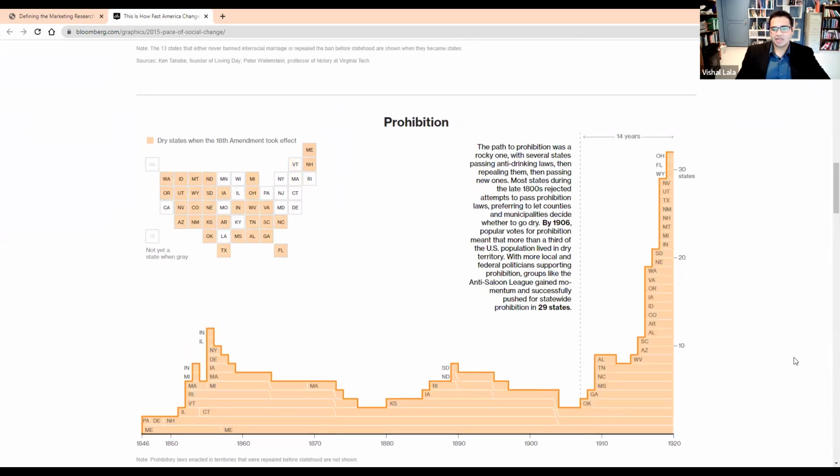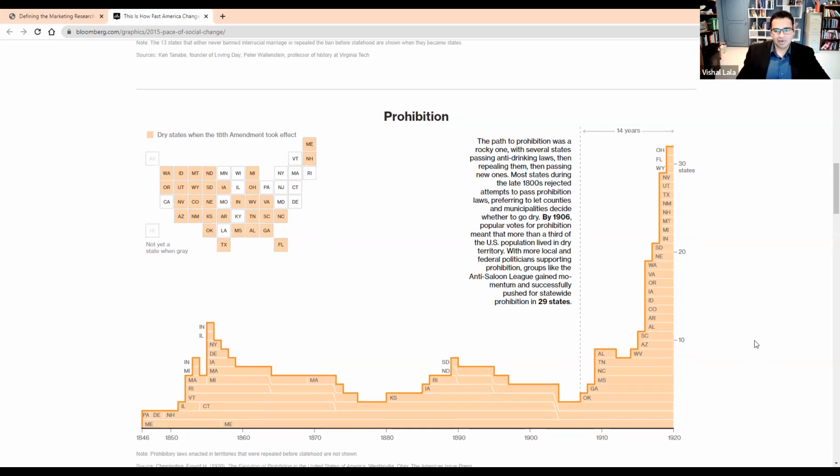Until 1906, most states in America did not allow alcohol. But from that period until 1920, pretty much all the states got together and agreed that alcohol should be legal in America, and prohibition was dropped by 1920. So in that 14-year period, America went from, again, not allowing alcohol to making it perfectly legal.